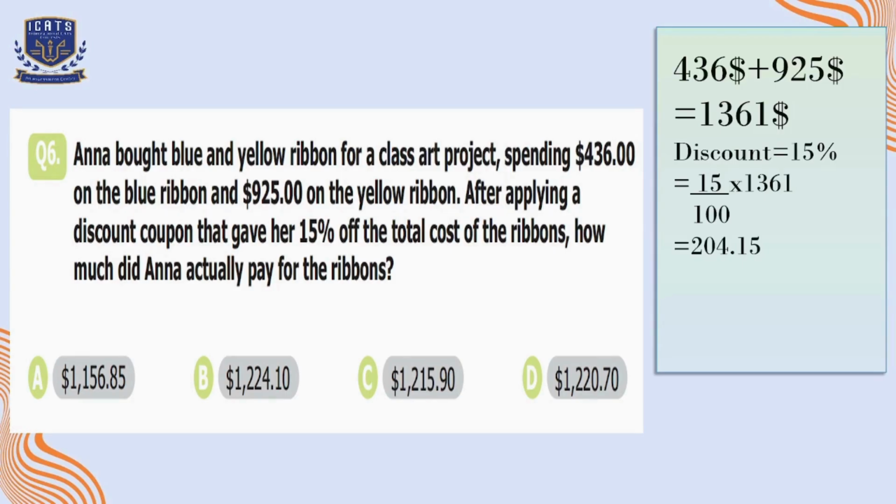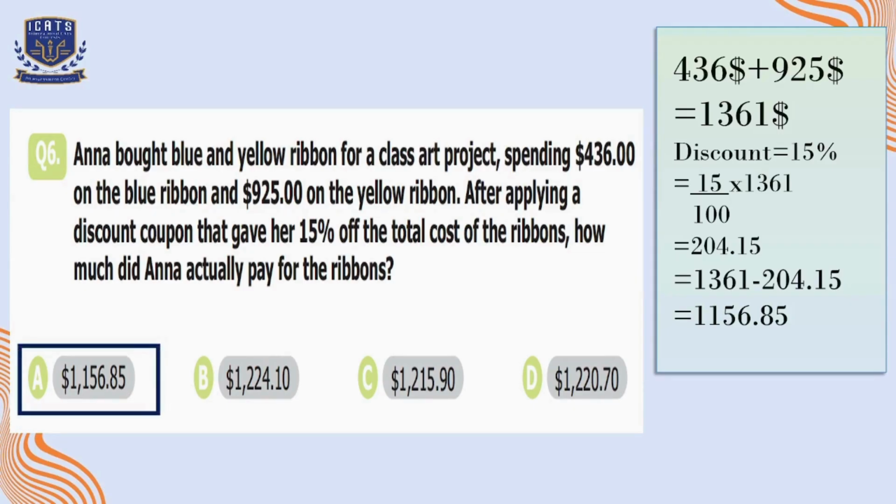So let's subtract the discounted amount out of the total. The remaining amount is $1,156.85. So it means that after discount, she paid $1,156.85. Option A is the correct option here.